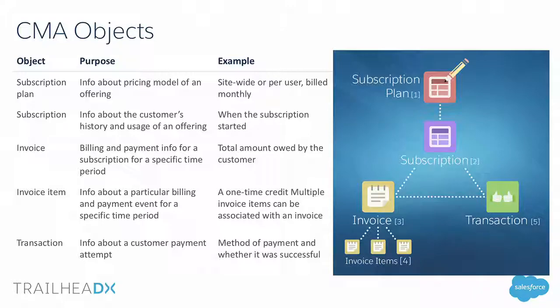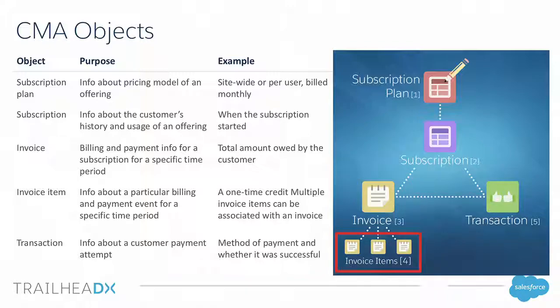So this is what will help you have a visual of what your customers are doing. There's the subscription plan object, which provides information about the pricing model of your offering. The child object of that is the subscription itself, which gives you information about the customer's history and then also the usage. Then there's the invoice, which is, of course, like any other invoice in accounting, so billing and payment information for a subscription for a specific period of time.